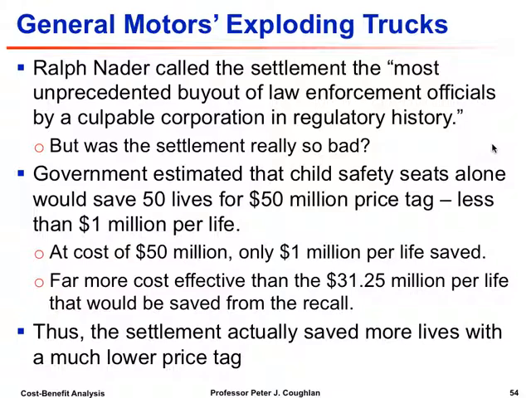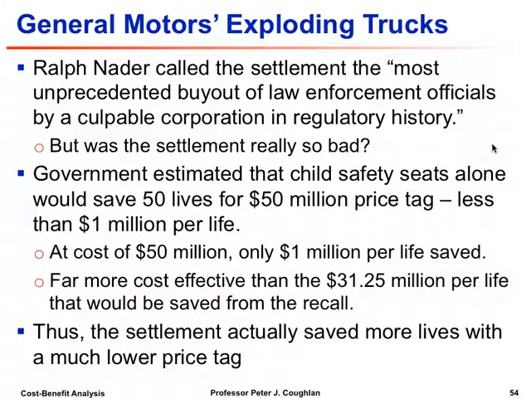So they could save lives. By GM doing that, they saved lives at less than $1 million per life. And certainly that's far more cost effective than the $31.25 million per life that would be saved from the recall, right?